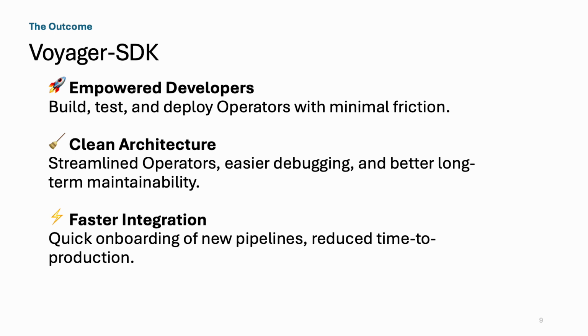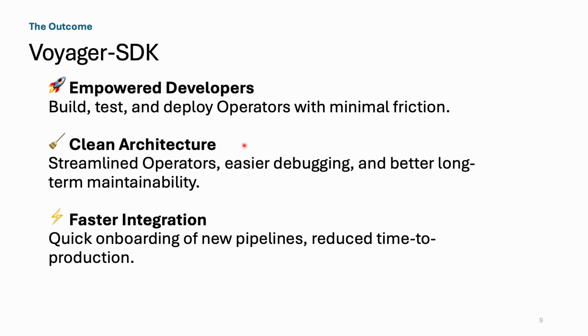Building on the standardized lifecycle, Voyager SDK yields measurable benefits across 3 core dimensions. Empower developers. By reducing procedural overhead, developers can scaffold, test, and deploy operators more efficiently, enabling faster iteration and greater focus on analytical goals. Clean architecture.